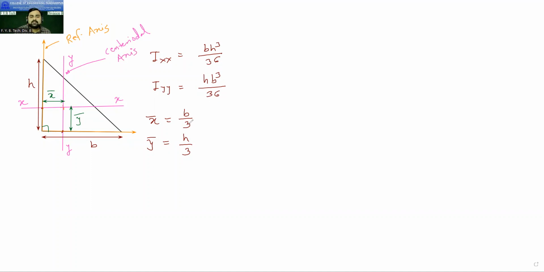When we calculate the CG, it is always calculated from the reference axis. To calculate the CG, reference axes are required. And to calculate Ixx and Iyy, the centroidal axis is required.